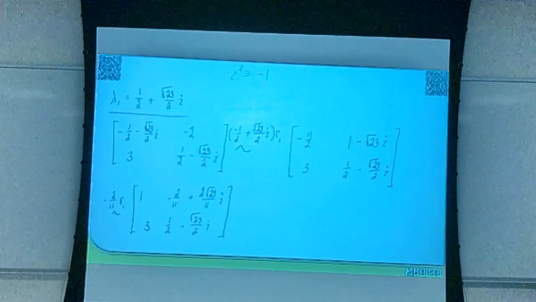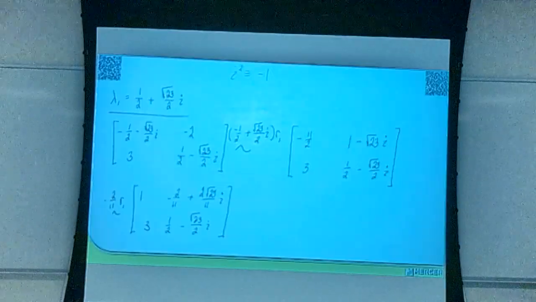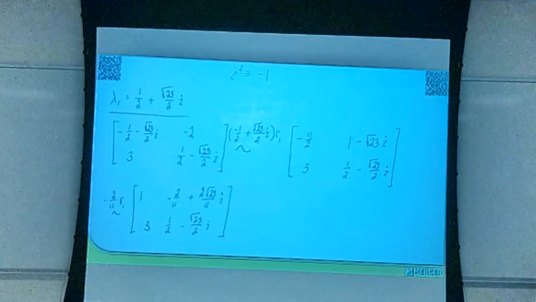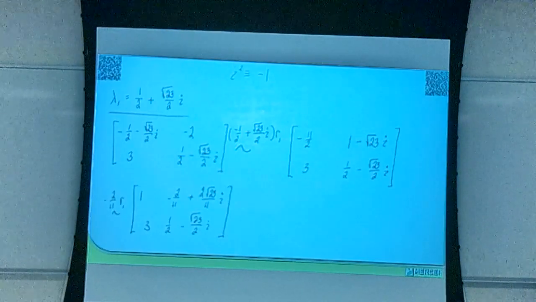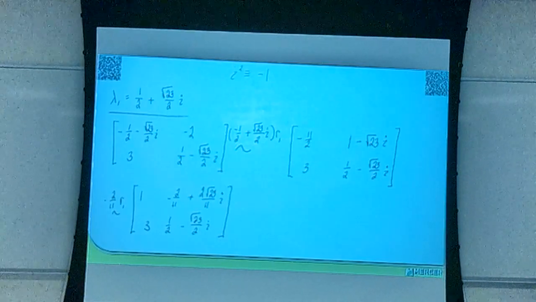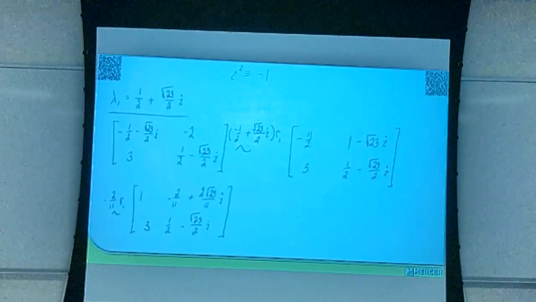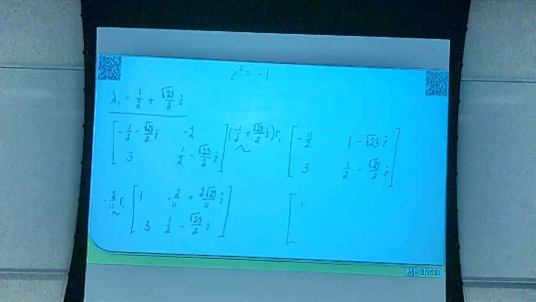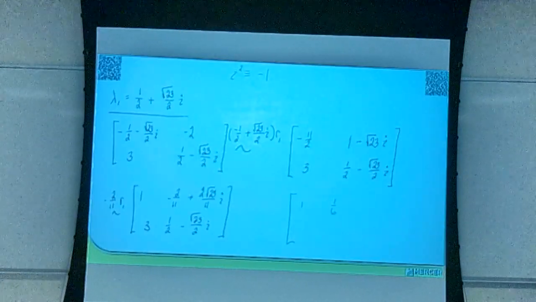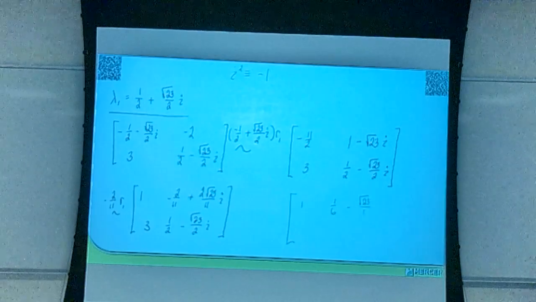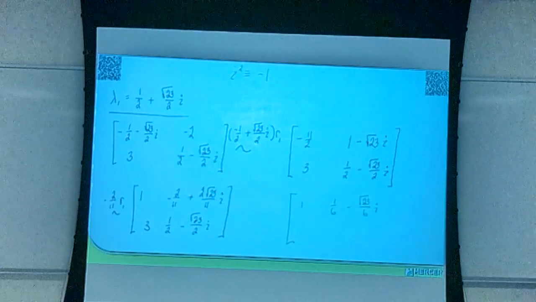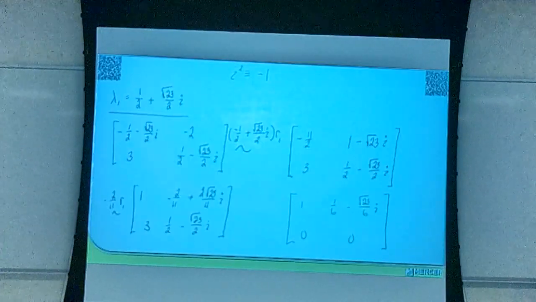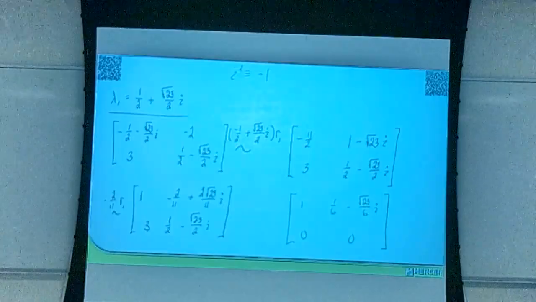The identity matrix. That's what it should be.